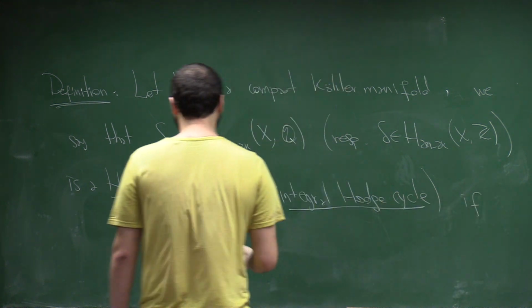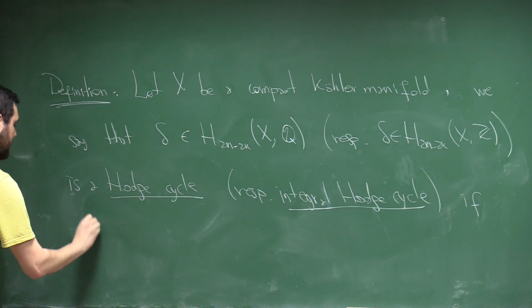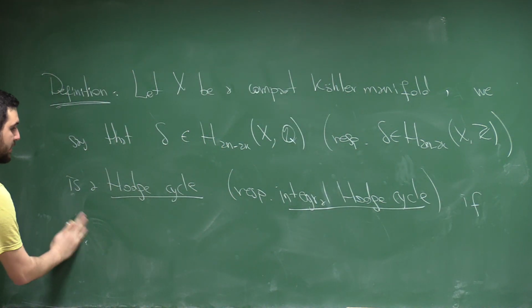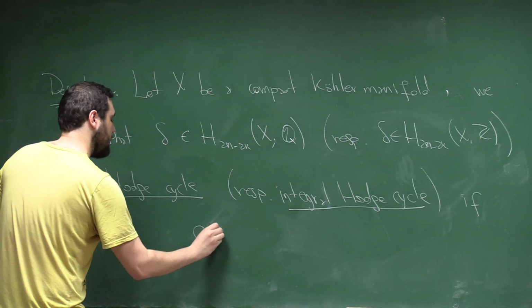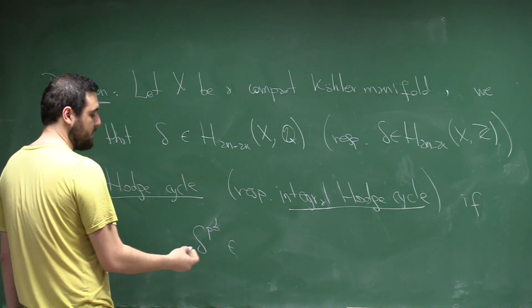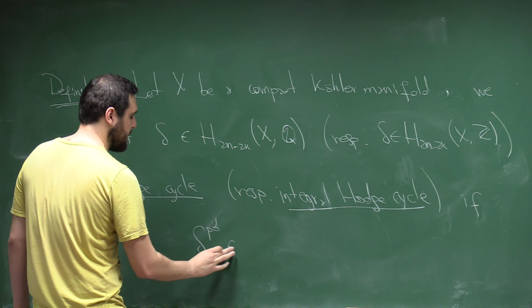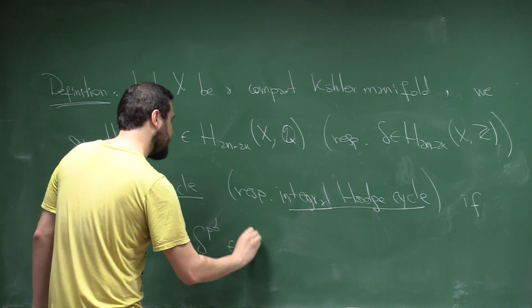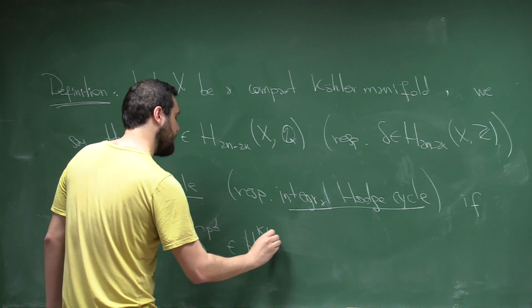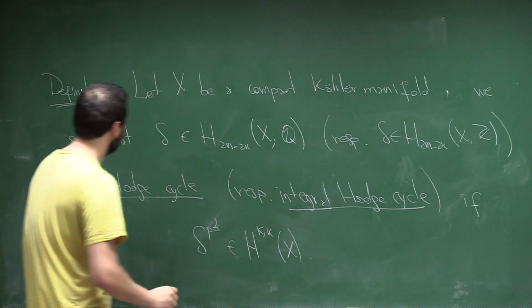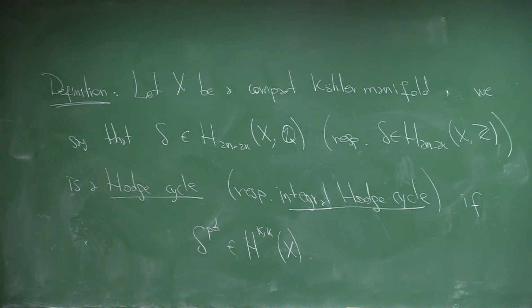If it's Poincaré dual, if delta PD is inside the middle part of the Hodge decomposition of X, okay, if delta PD is a (k,k) class, right?